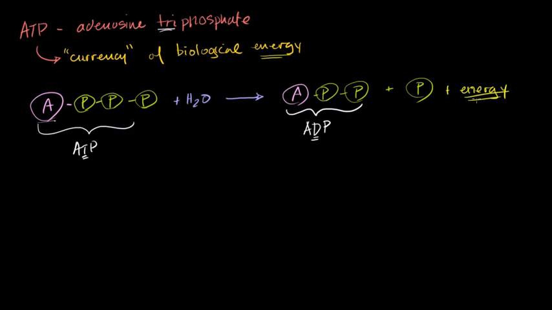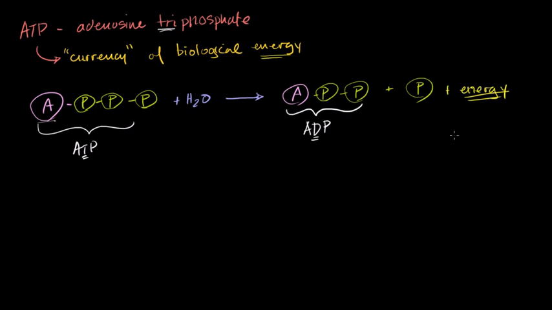That energy can be used for general heat, or you could couple this reaction with other reactions that require energy, and then those reactions will be able to move forward. So I draw these circles, adenosine and phosphates, and really what I've shown you right here is all you need to know to operationally think of how ATP operates in most biological systems.